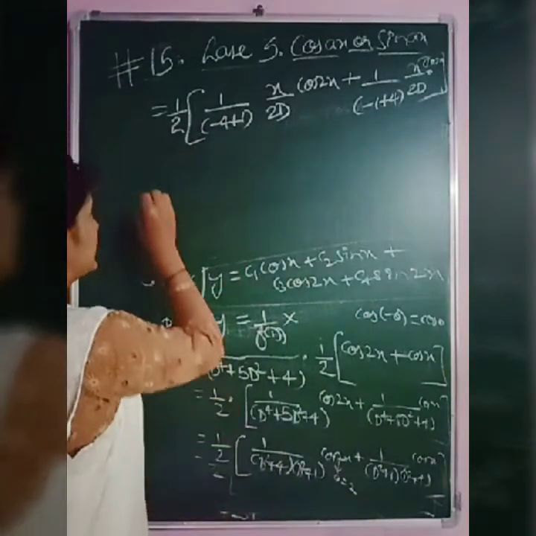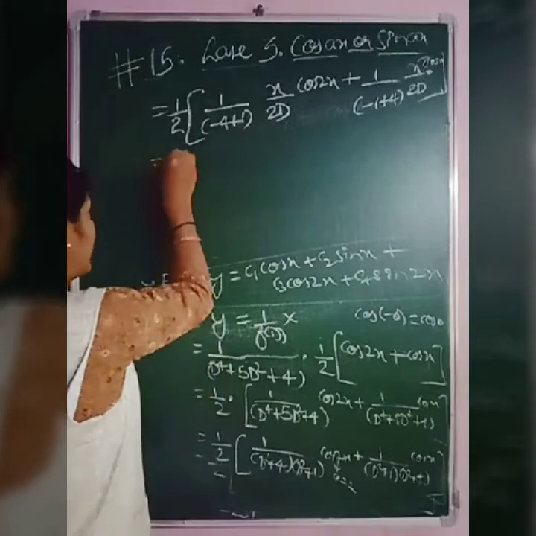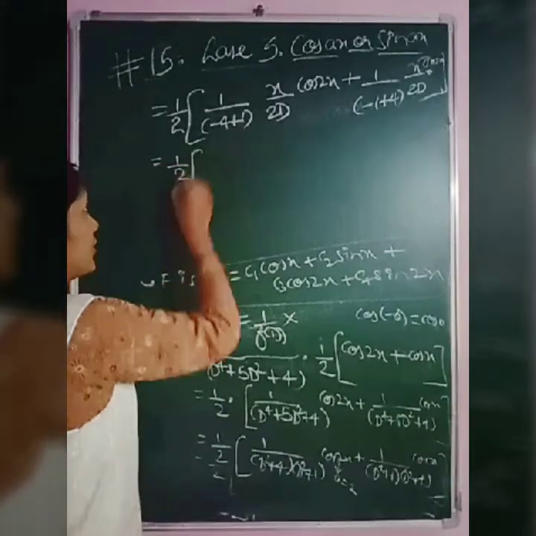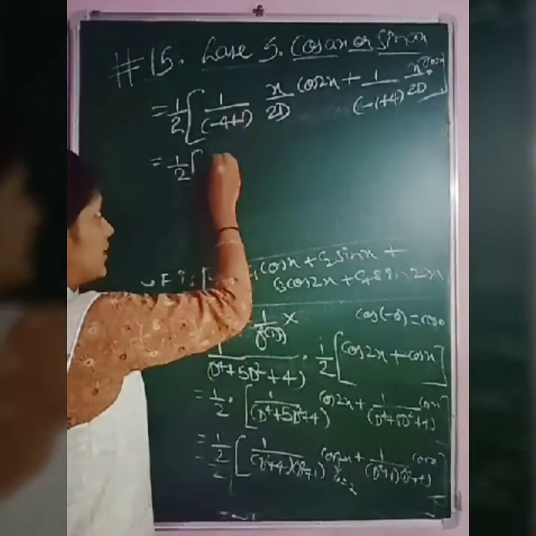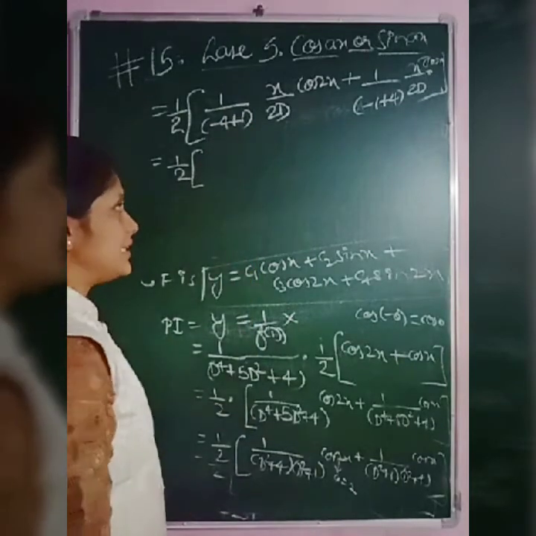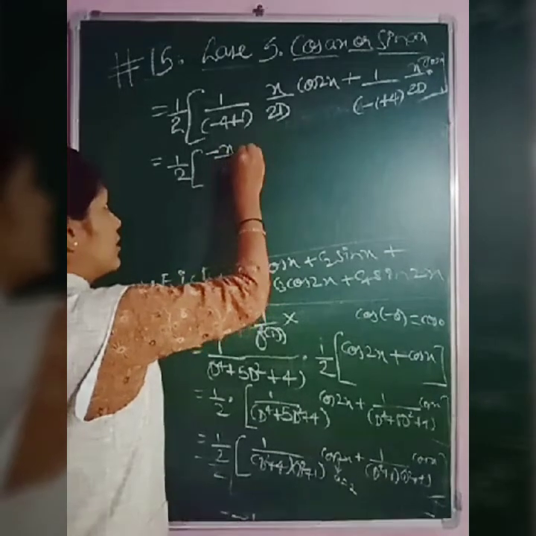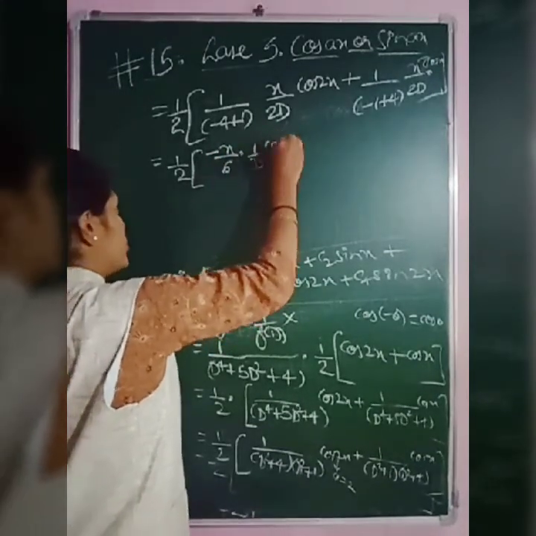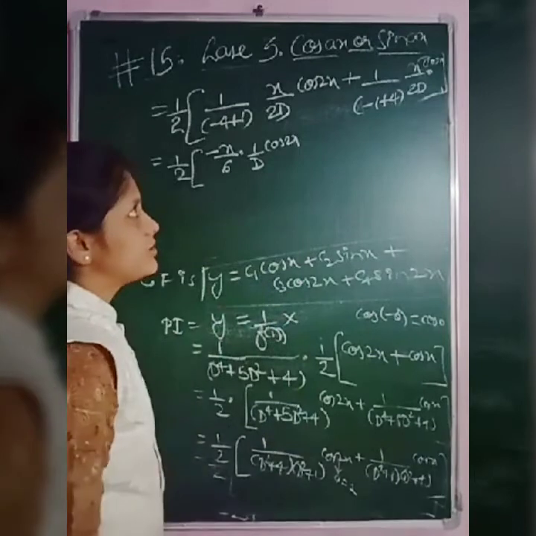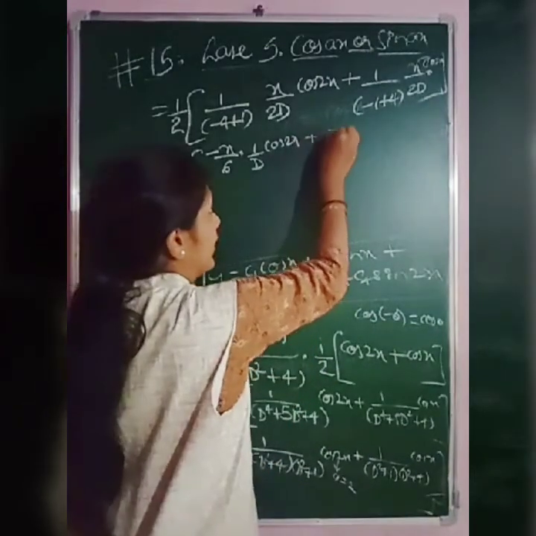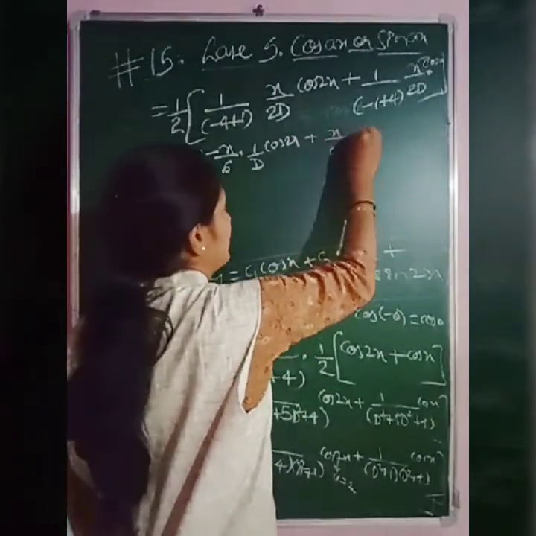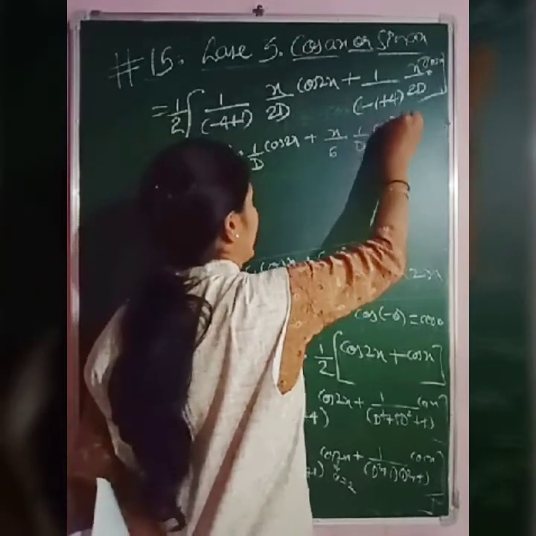So now let us write this. 1 upon 2 as it is. What is this? Minus 4 plus 1, minus 3. Minus 3 2s are 6. Minus x by 6, 1 by d cos 2x. Next 3 plus, x by 6, 1 by d cos x.